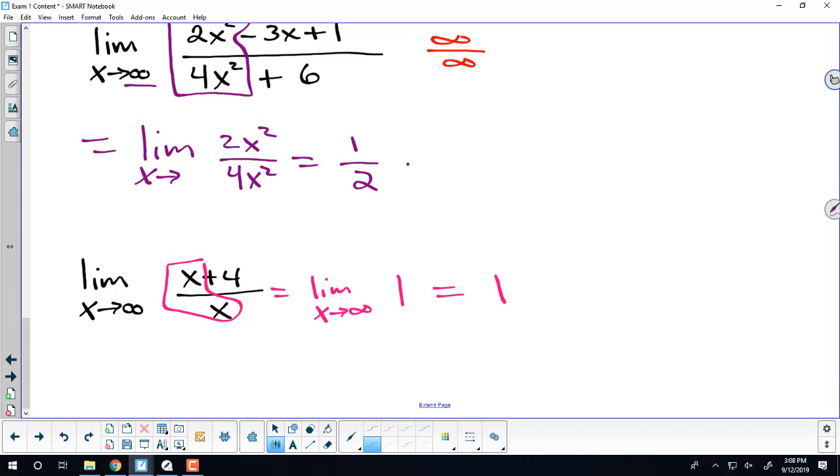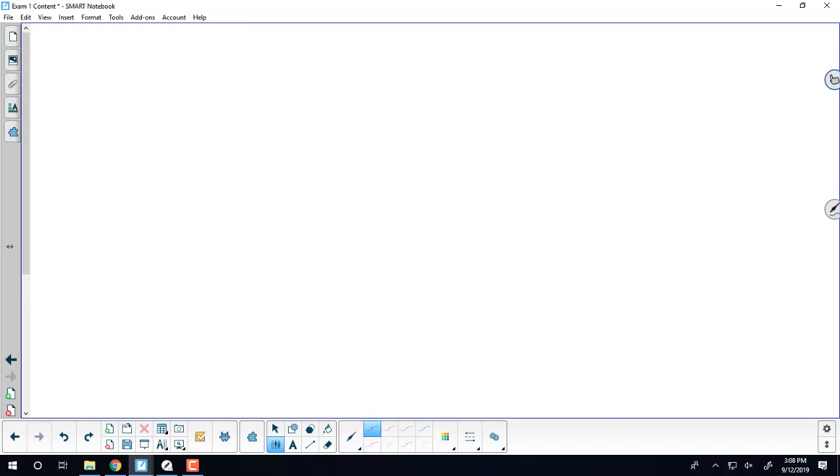Okay. There was another question from the homework. It says to analyze the following limits and find the vertical asymptotes, and f of x equals x minus 6 all over x squared minus 36.